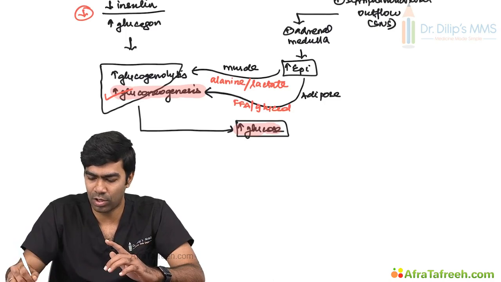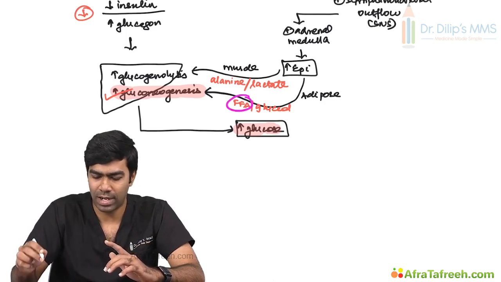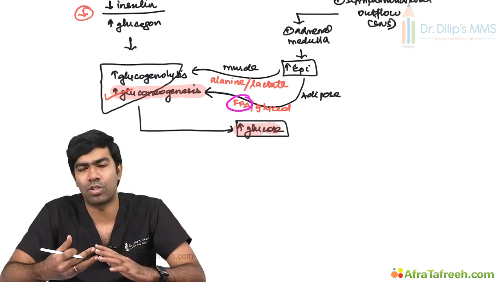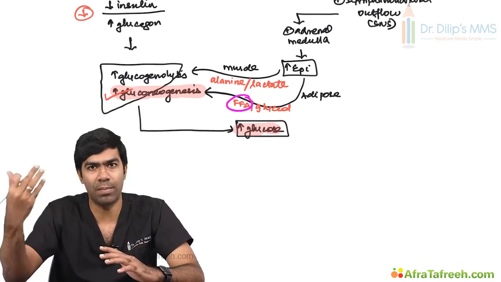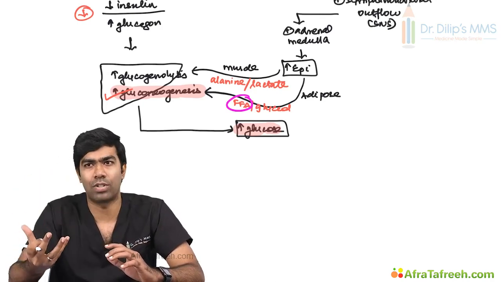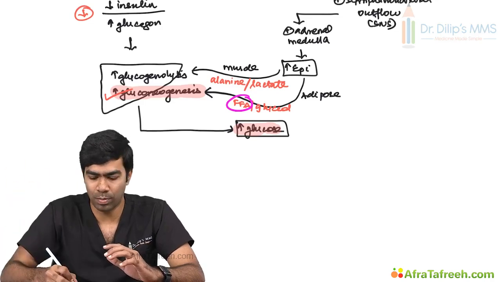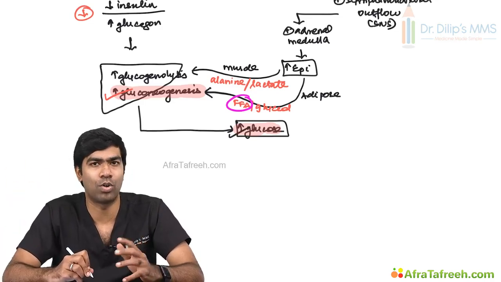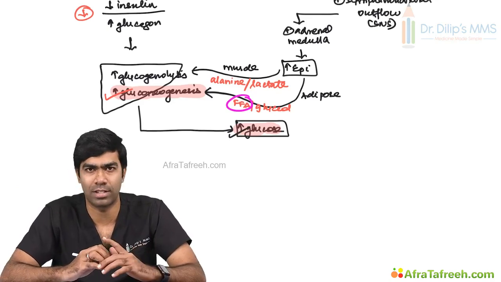And free fatty acids also have one important function: they can be a major source of energy for the adipose as well as the muscle itself, and they spare glucose and increase the blood glucose content to be used by the other organs that depend on glucose, like the brain and RBCs in the early stages.